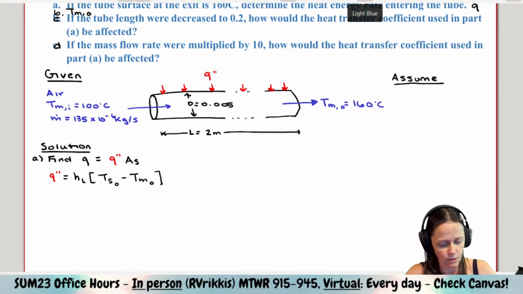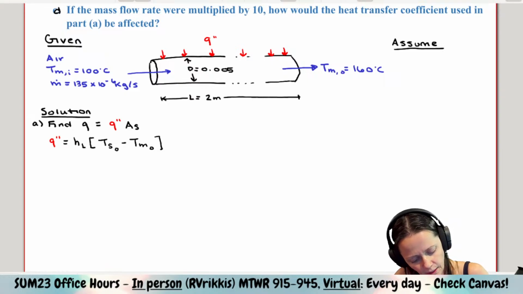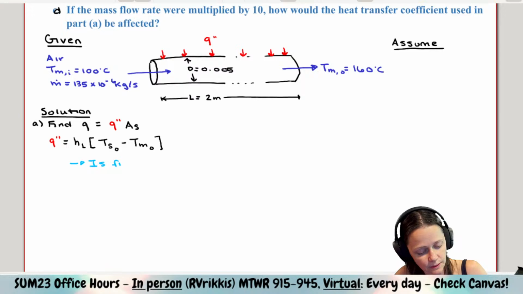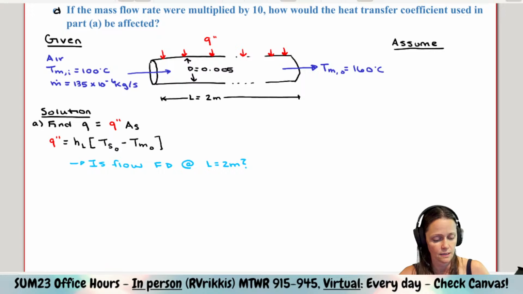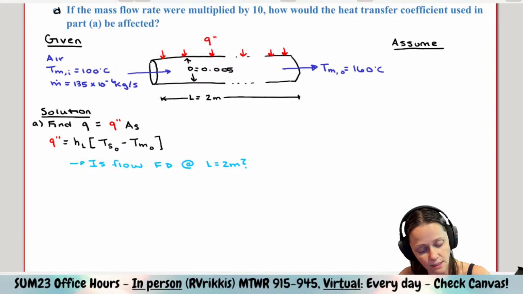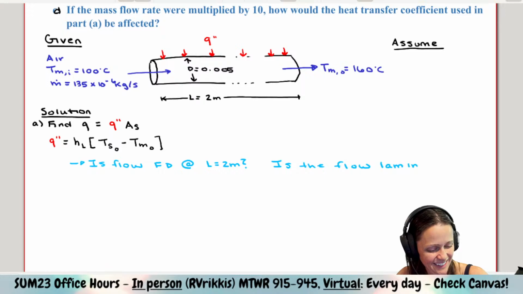So the first thing I want to do is figure out, is the flow fully developed at L equals 2 meters, right? Because that's going to, is it fully developed, and is the flow laminar or turbulent? That's actually the first thing I need to write.